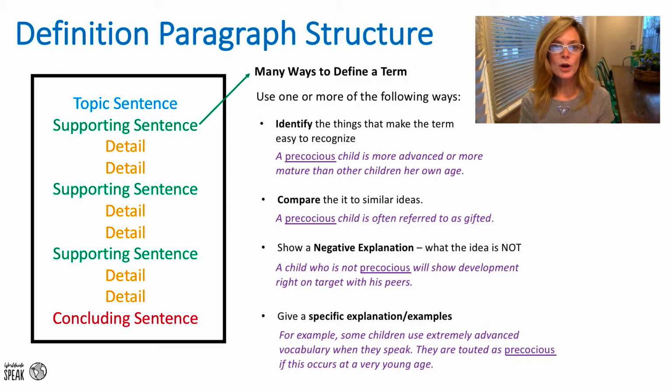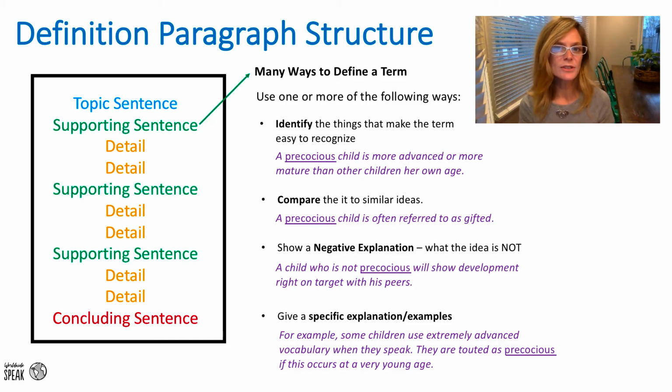Then we can also define the term by comparing it to something that is similar. For example, a precocious child is often referred to as gifted. We can also show a negative explanation, what the idea or term or word is not. So it would look something like this.